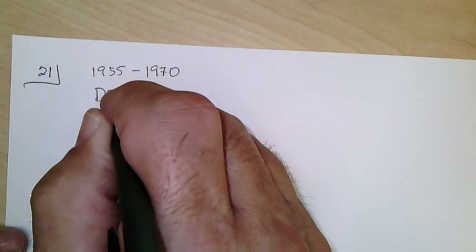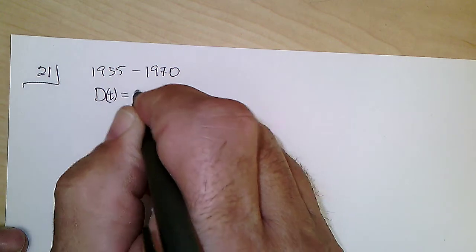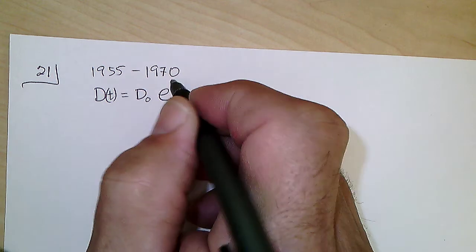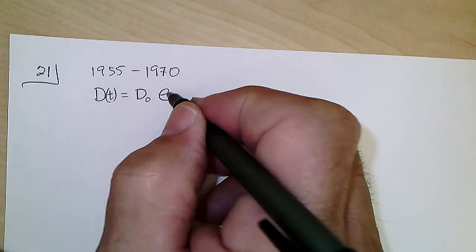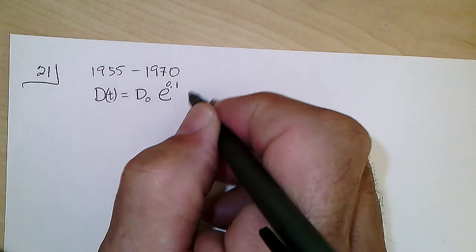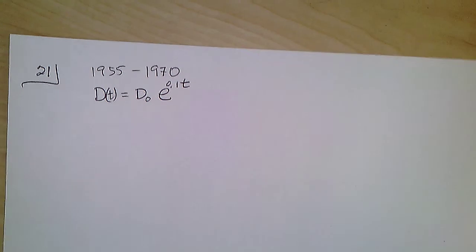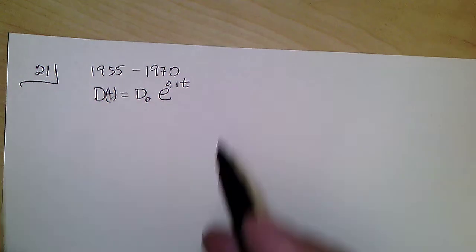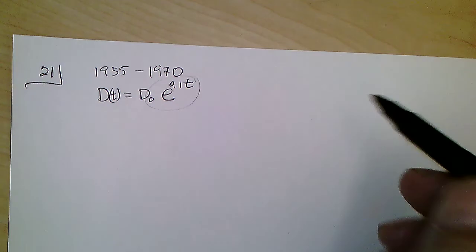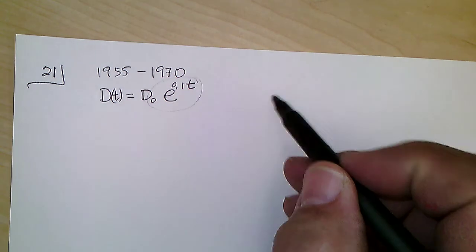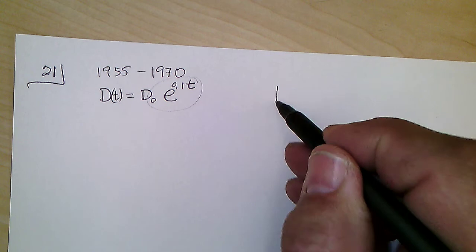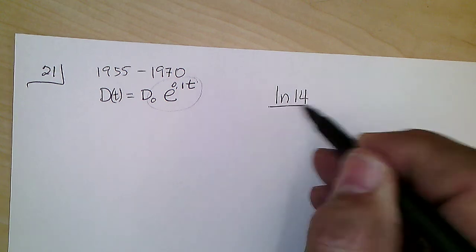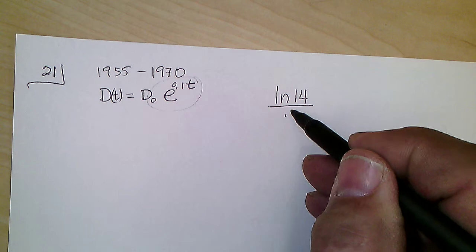So the number of degrees after so many years is equal to the initial number of degrees e to the 0.1, and it grew, so that's plus 0.1 times the number of years. So there's an equation. How long will it take for the number of degrees awarded to be increased by 14-fold? So we want this to be 14 times what it originally was. So again, it's just going to be ln of 14 divided by the k, 0.1.